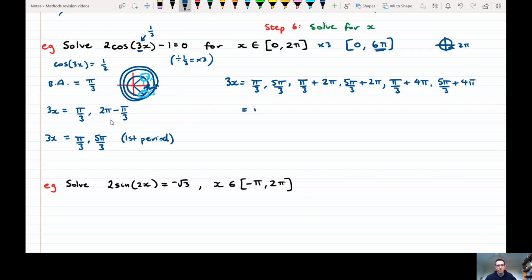And then I add all those and simplify all those. 2 pi is the same as 6 pi over 3, so you end up with 7 pi on 3 there. 11 pi on 3 there. 4 pi is the same as 12 pi on 3. So that gives you 13 pi on 3. And that will give you 17 pi on 3 like that.